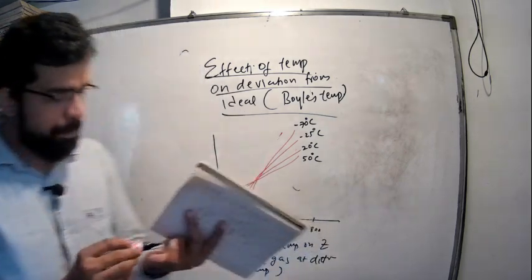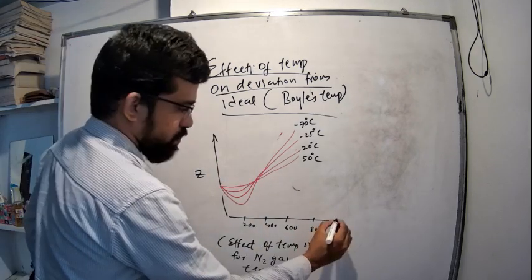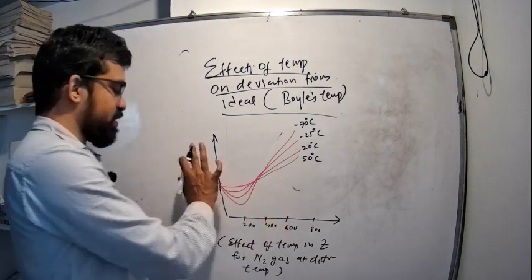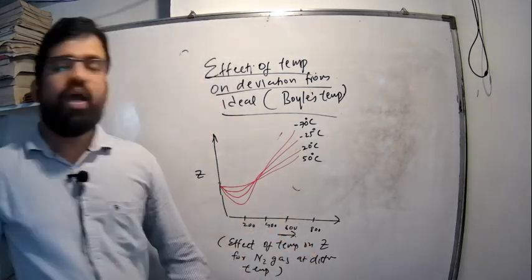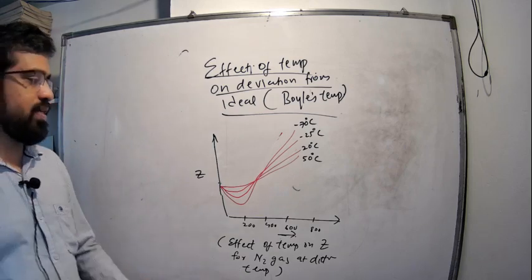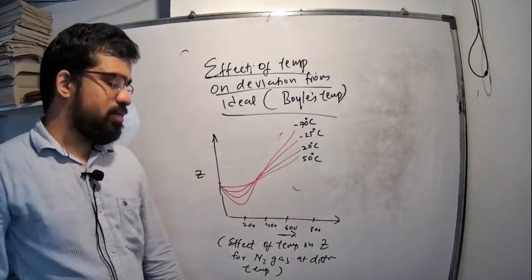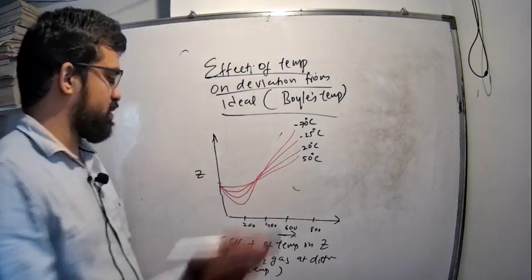Here again we have taken Z versus pressure, compressibility factor versus pressure, and each time we have changed the temperature, to see the variation of compressibility factor.